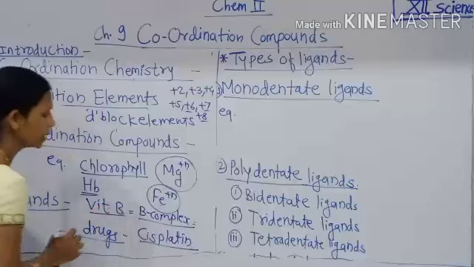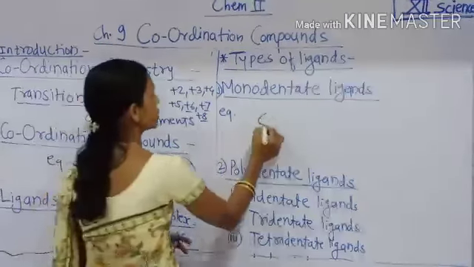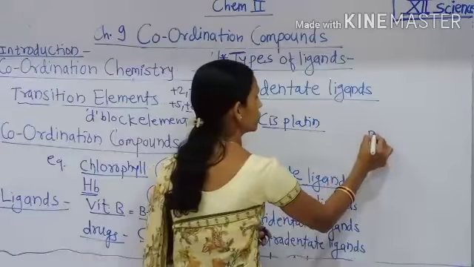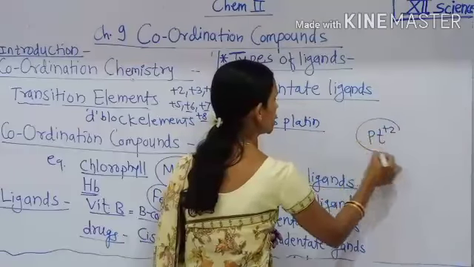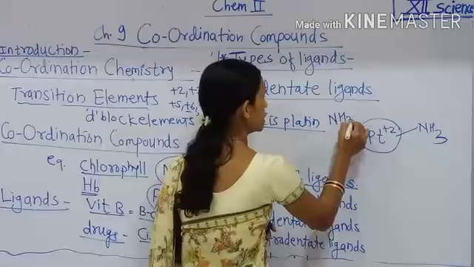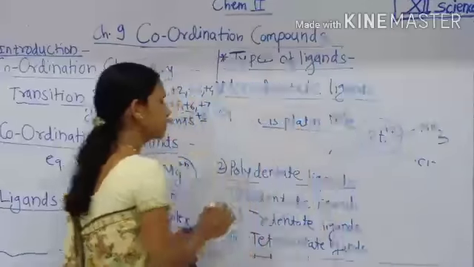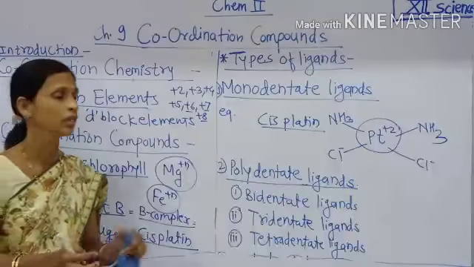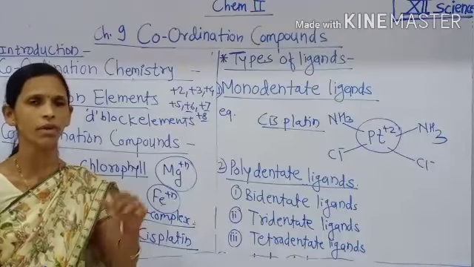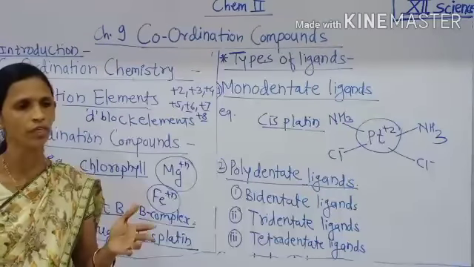Cisplatin is a coordination compound having the structure Pt+2, the central metal ion, surrounded by a few groups, that is 2 amine groups and 2 chloro groups. That is one of the examples of complex compounds. There are a lot of complex compounds formed by transition elements as well as a few non-transition elements also.